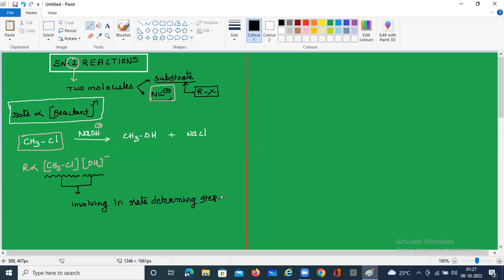Hence, it is known as SN2 reaction, meaning bimolecular nucleophilic substitution reaction.